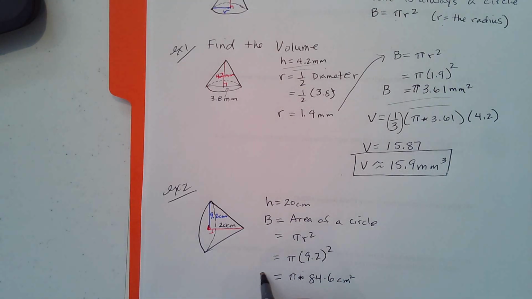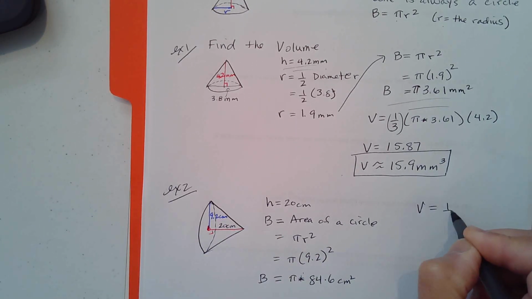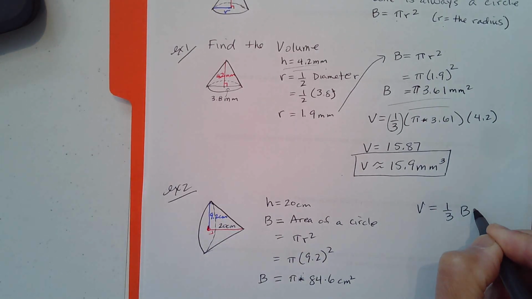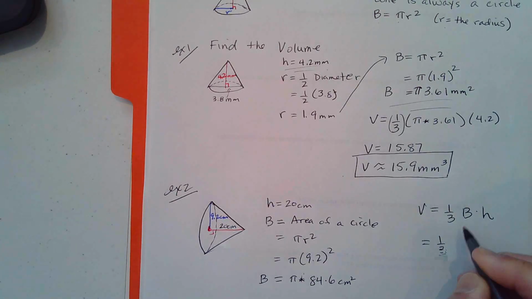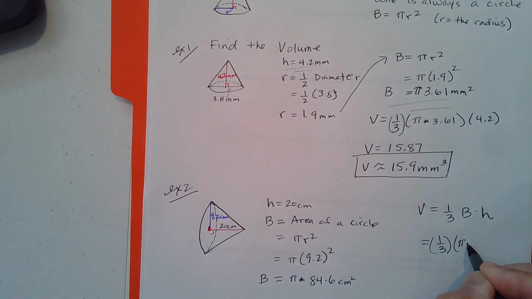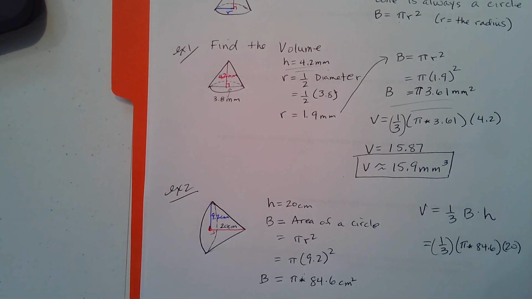So we now have the base, we have the height, and again, let's just substitute it back into our formula. So 1/3 times pi times 84.6 times 20.